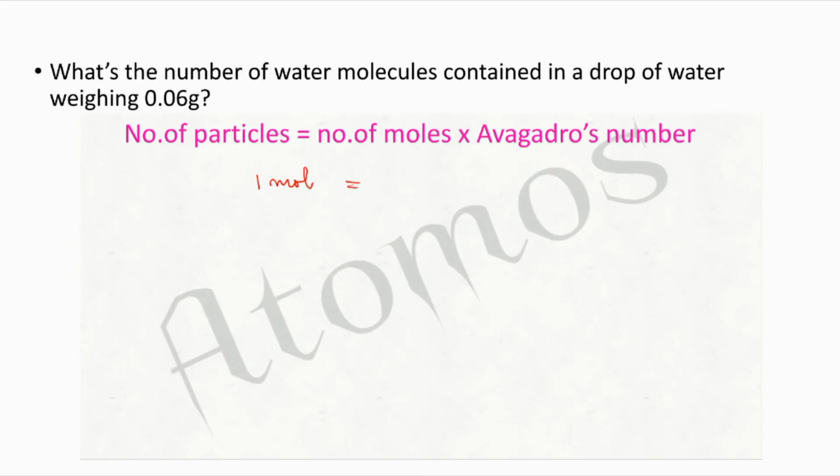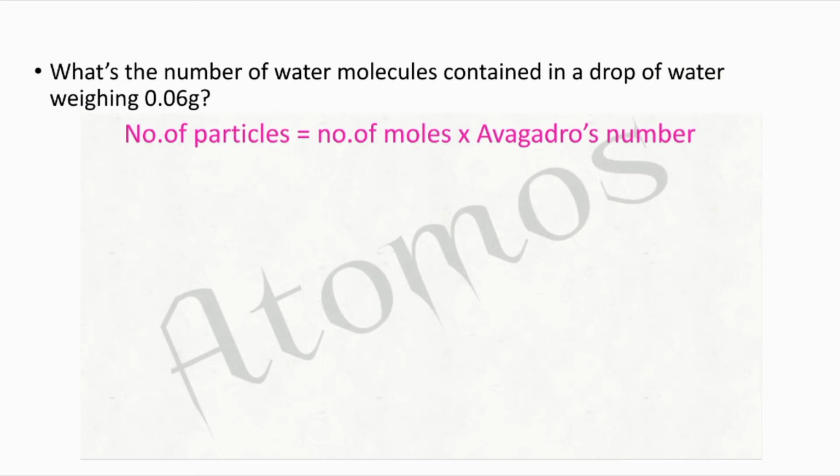That will be equal to Avogadro number, 6.022 into 10 raised to 23 particles. What about 2 mole? That will be equal to 2 into 6.022 into 10 raised to 23. So if you know the number of moles present, and you multiply it with Avogadro number, you will be getting the number of particles. Okay, so you can note down this also.